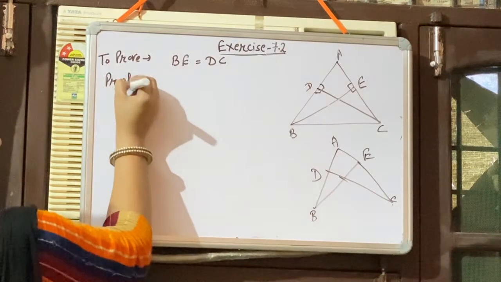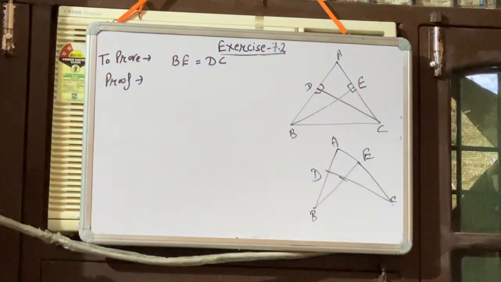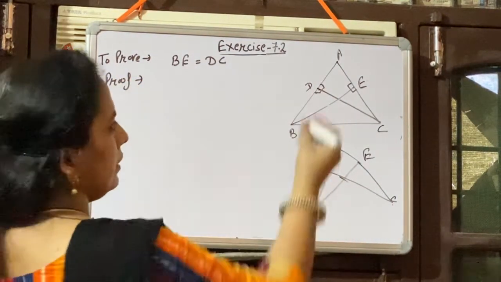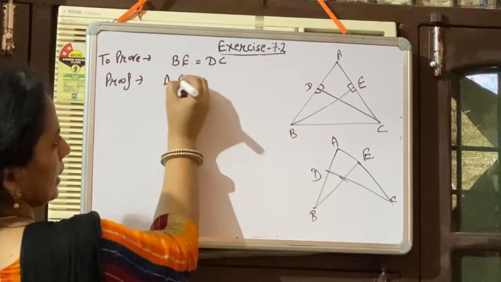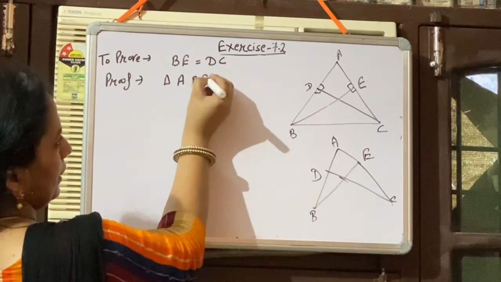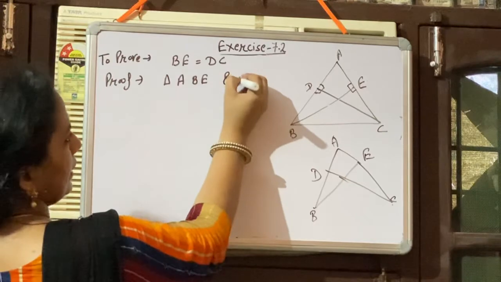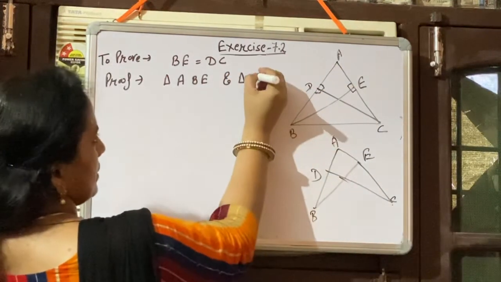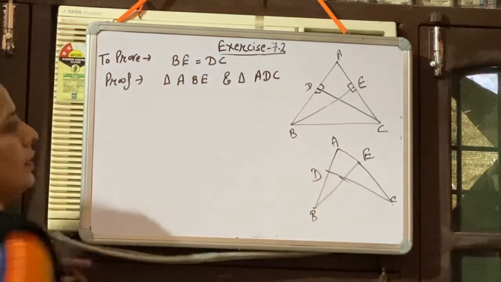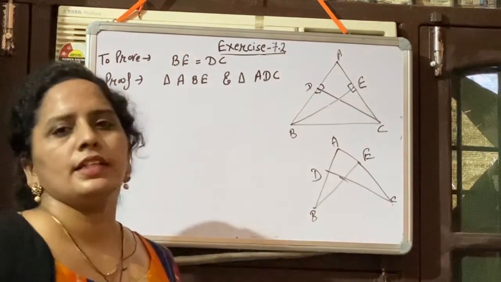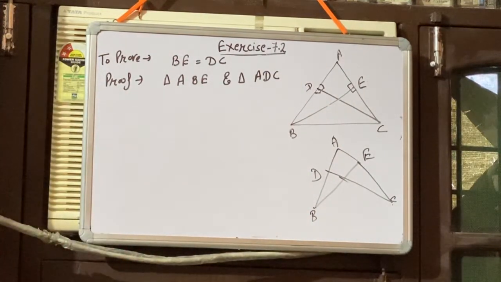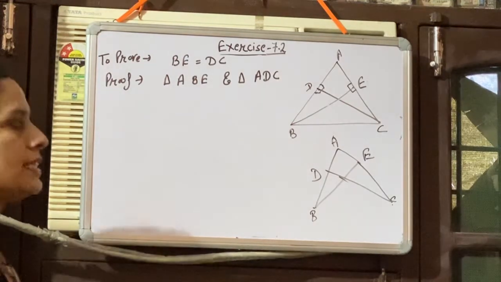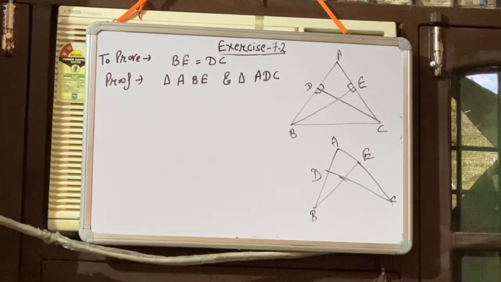In proof, first of all, we will write the names of the triangles. First triangle is ABE and the second one is ADC. Triangle ABC is an isosceles triangle which is given in the question. If this is an isosceles triangle, then its two sides are equal.